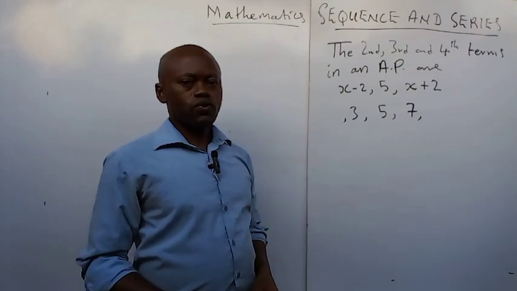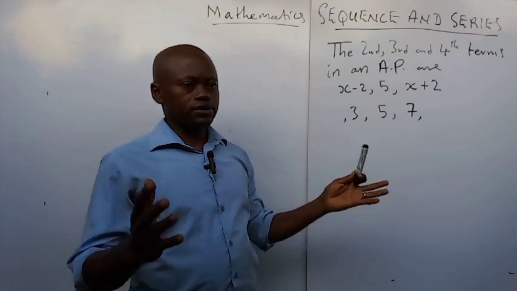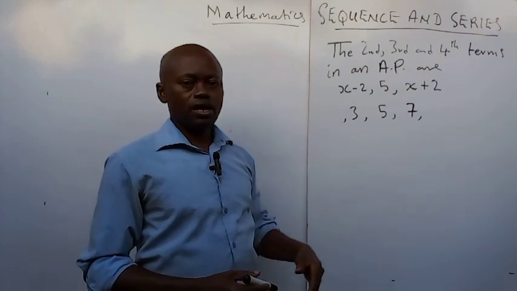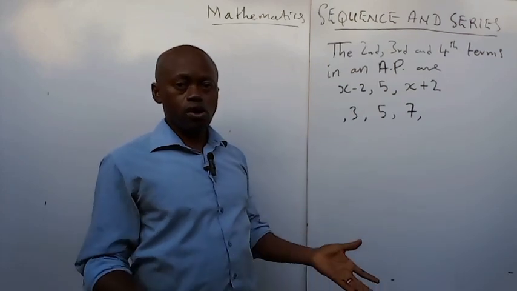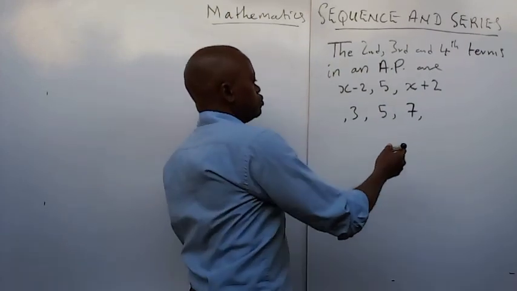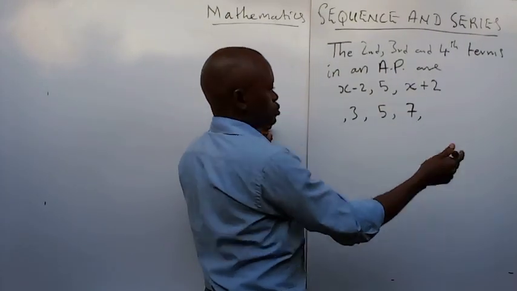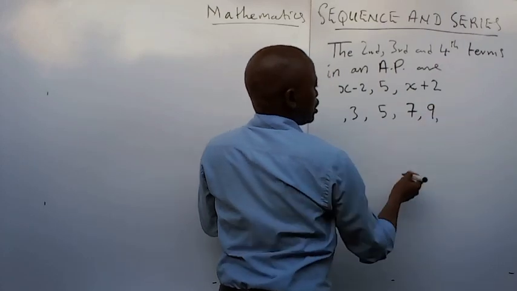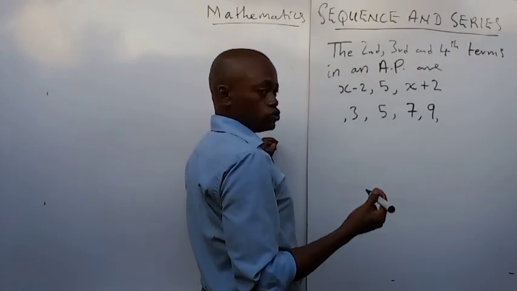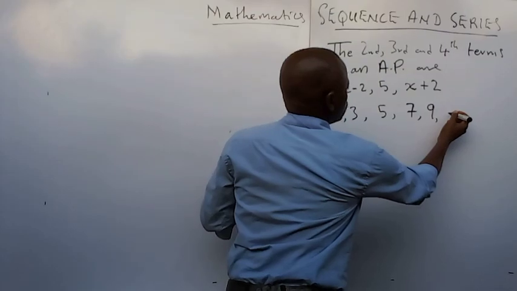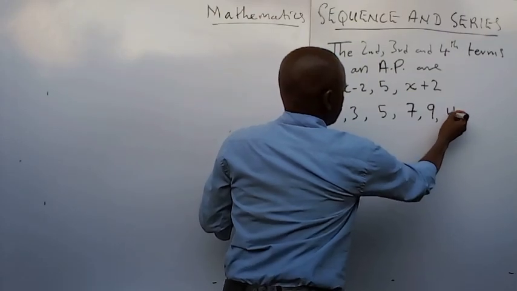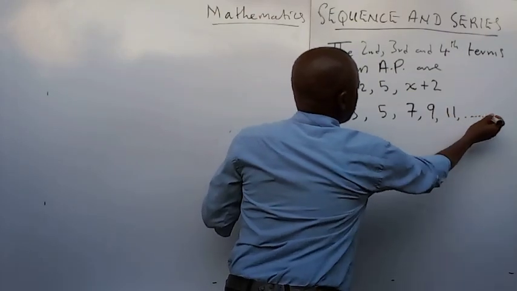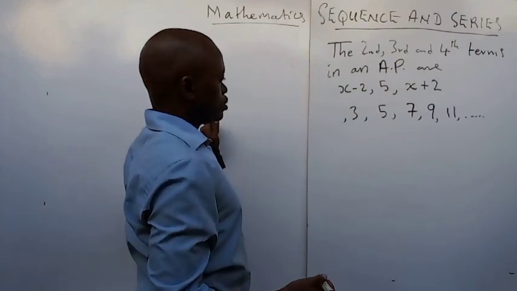And one might quickly guess that the next occurrence after 7 will be 7 plus 2, and that will be 9. And if you care, you can add 2 again to 9, and you're going to get 11. So this is a progression. It will continue in that order.